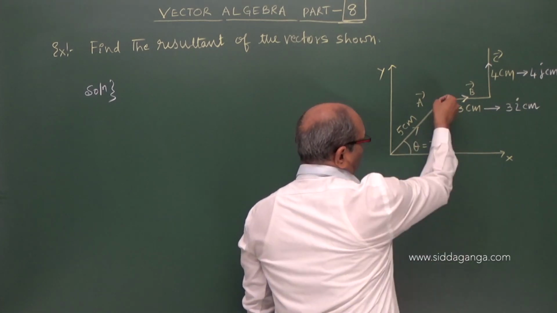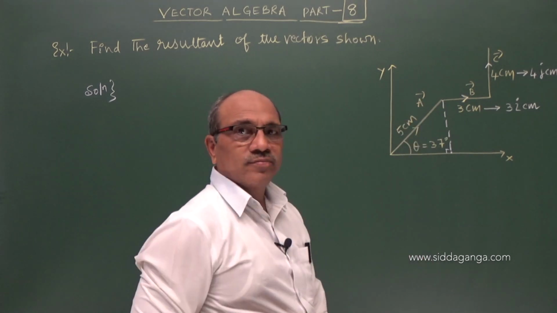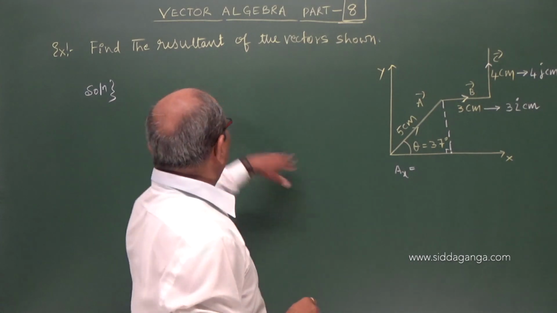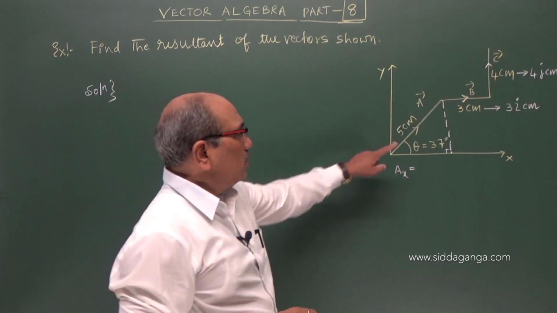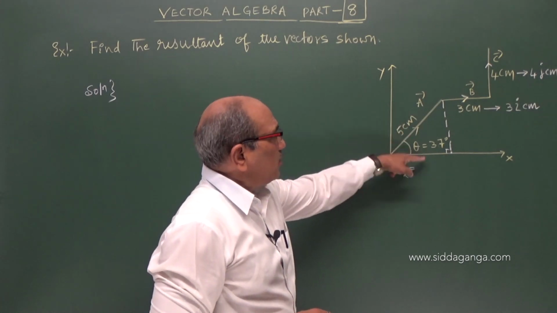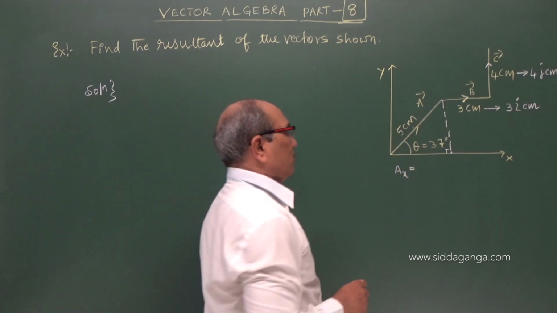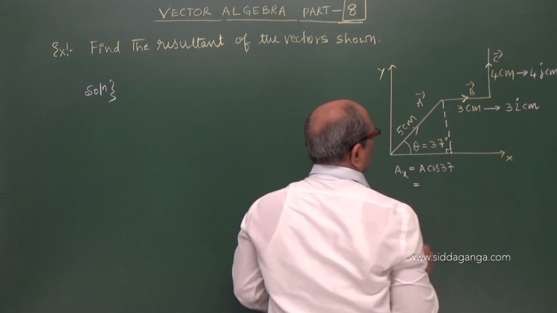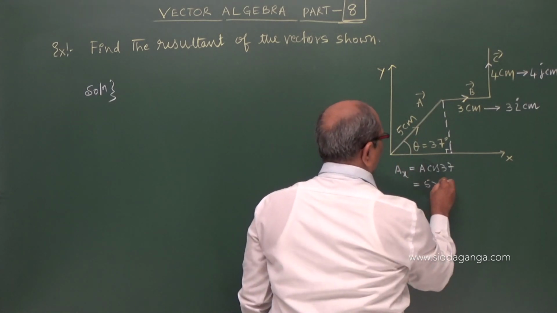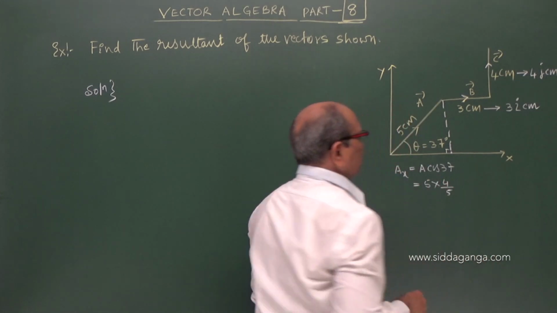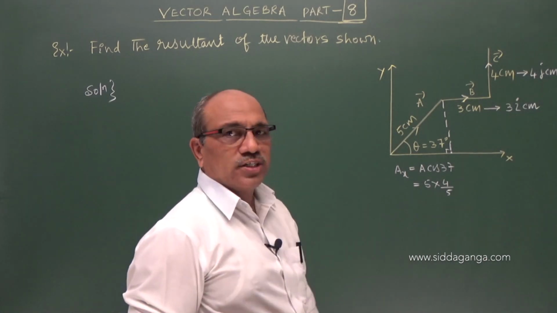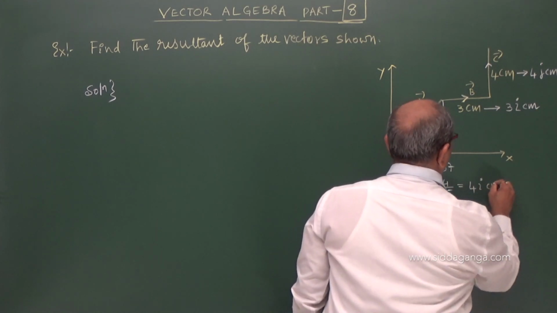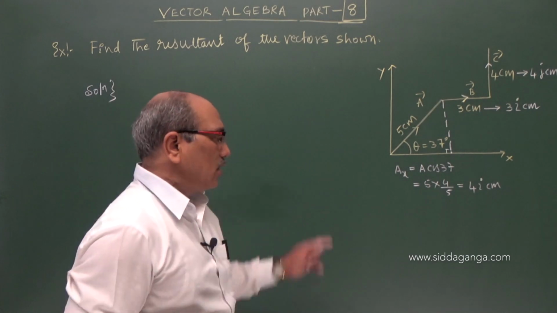If I get the component of this by dropping a perpendicular, this is the i component of A. What is Ax? Adjacent side by hypotenuse is cos 37. So A cos 37, with A being 5, is 5 times 4 by 5, because you know cos 37 is 4 by 5. This gives 4i centimeter along the i direction.